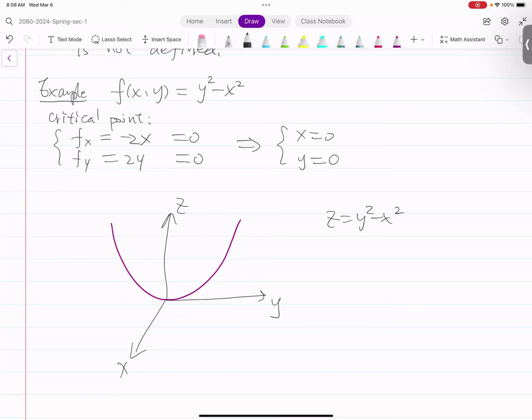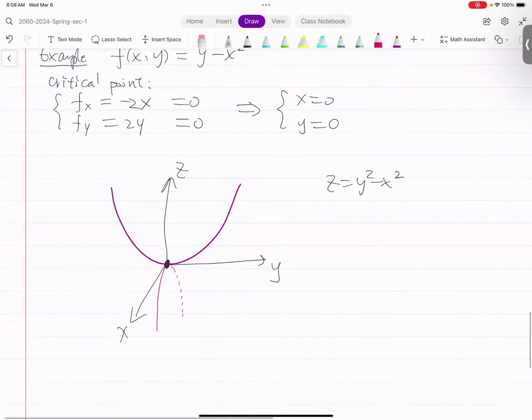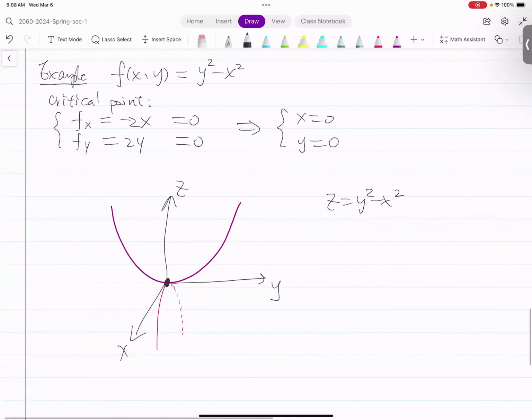So when you fix x to be 0, you have y squared, right? So that's a quadratic opening upwards, and the origin is x 0, y 0, and z 0. So that's the point that we look at, right? This is the lowest point along this trace, right? But now if you look at where you fix y to be 0, that's actually the xz trace. Negative x squared, so that's projected as opening downwards, right? And then you fill out the rest of the figure.